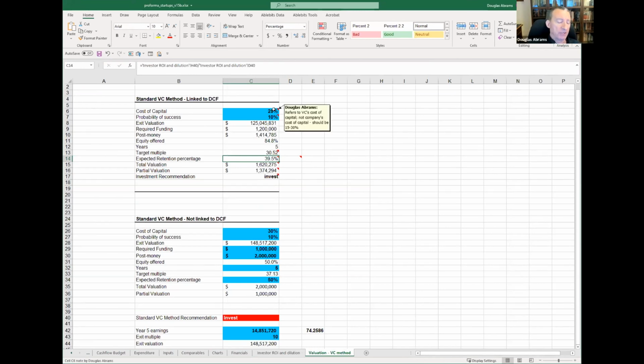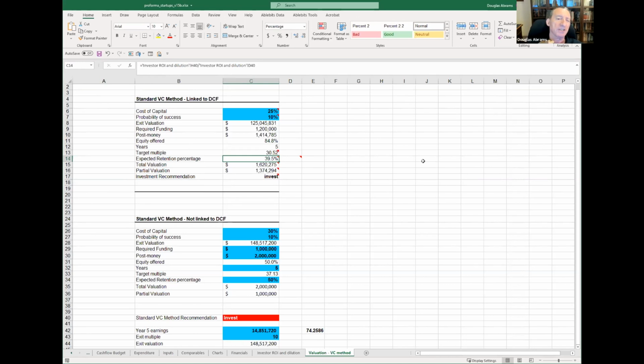One way, which is highly recommended, which is the way you should be doing it, is the standard VC method linked to our DCF valuation, which means the VC method linked to DCF uses all the same assumptions as our DCF forecast.